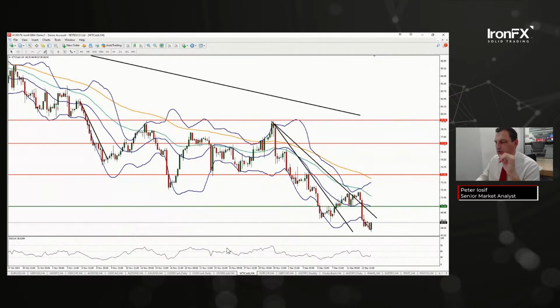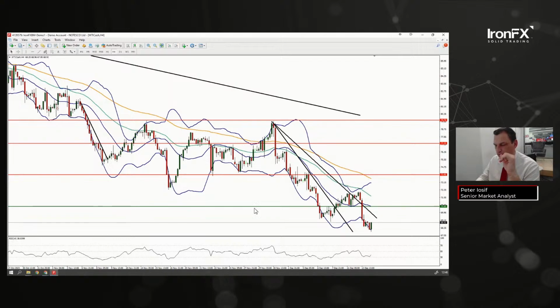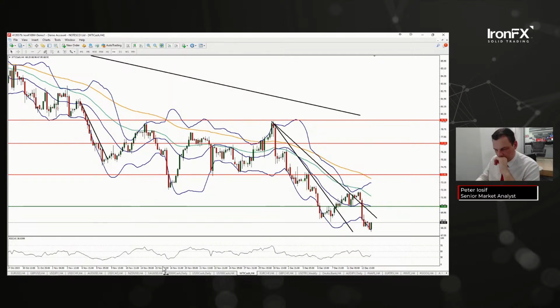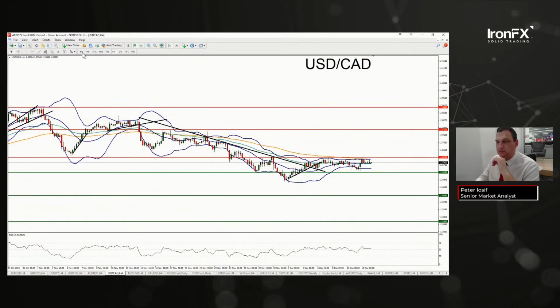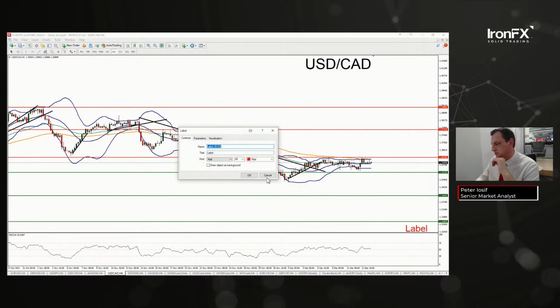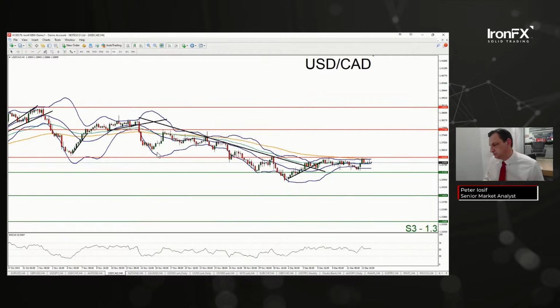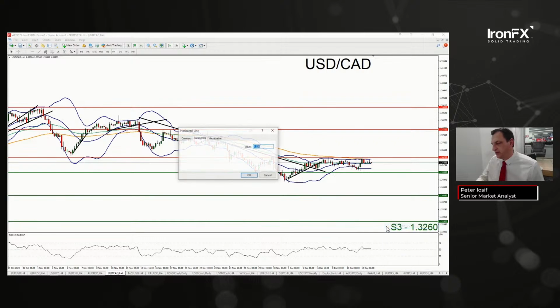Back to the forward chart, and let's get back to USD CAD. Let's add some labels on the chart. Starting with the S3 at 1.3260. Let's verify that. Yep.